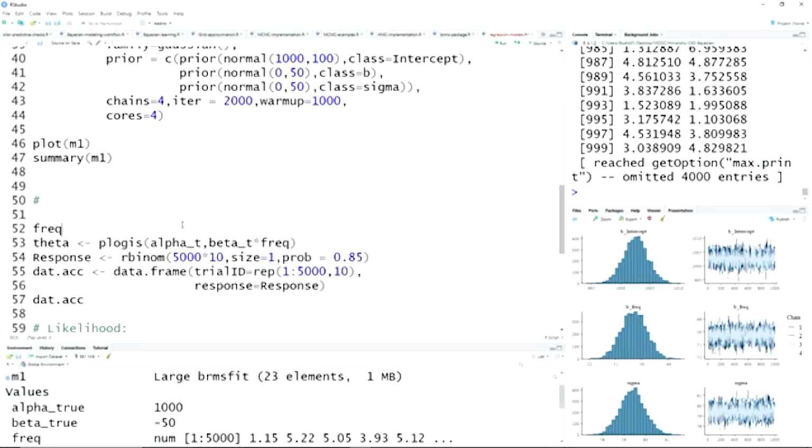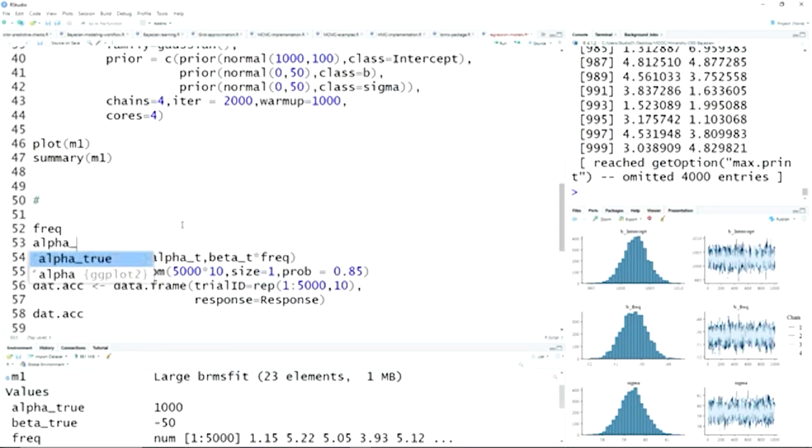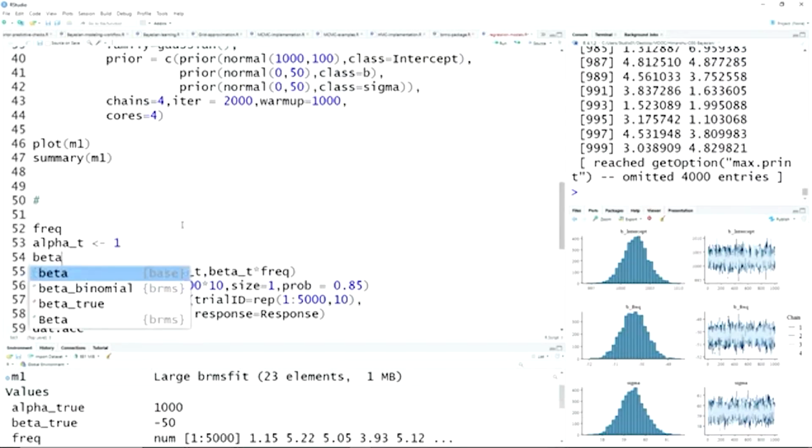But what is alpha t and beta t? That you will need to define. So let's say alpha t is say 1 and beta t is 0.1.